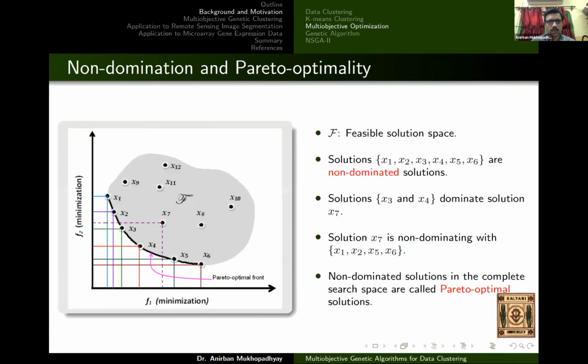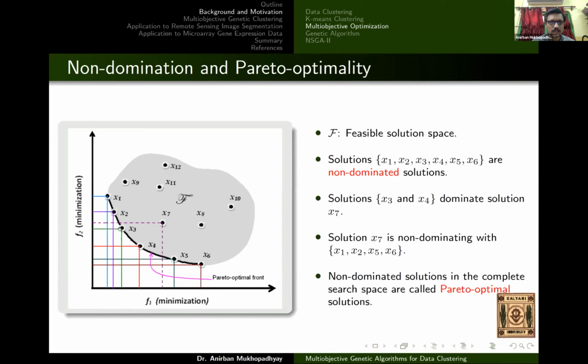So I will give you one example. Suppose this is my search space. Two objective functions are there, F1 and F2, and we assume that both are minimization objective functions. Among all the solutions, you will see that these solutions are not dominated by any other solution in the search space. But if you look at any other solution, for example solution X7, it has this F1 value and this F2 value, but there are some better solutions which dominate X7.